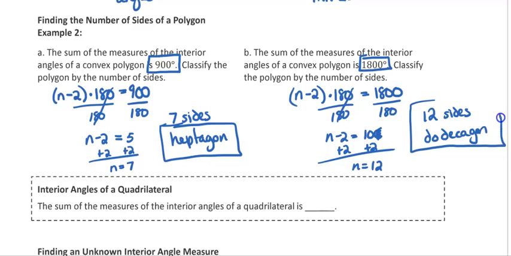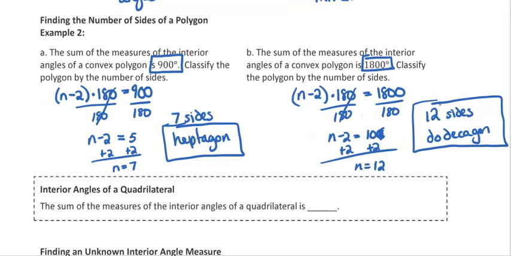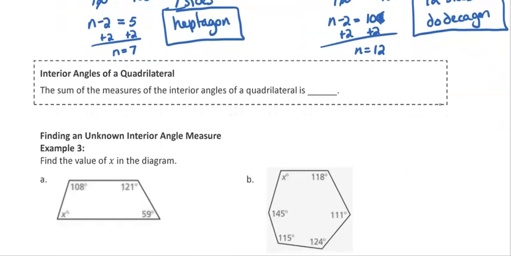Now, this formula works for any convex polygon when you're looking for the sum of the interior angles. That being said, sometimes it's just easier to know some things. So like we know that the angles inside a triangle add up to 180 degrees. So the angles inside a quadrilateral, keep in mind a quadrilateral is a 4-sided figure.